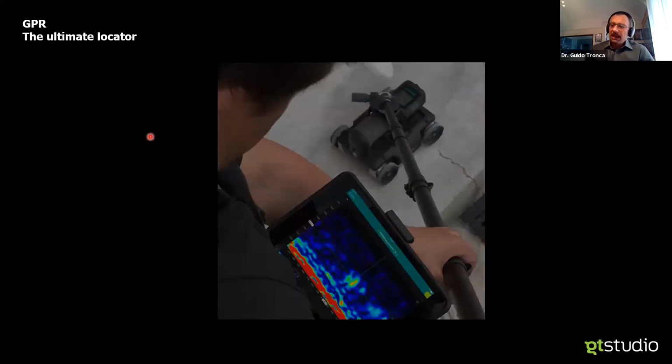But let's move one step further in time, and years passed, and we, the concrete guys, the concrete NDT world, stole a methodology that was basically born for soil investigation, and hence the ground penetrating radar. If I should label it, the GPR is the ultimate locator.